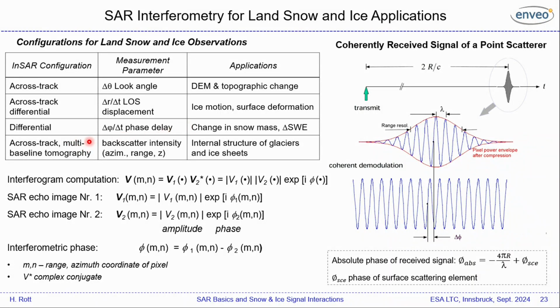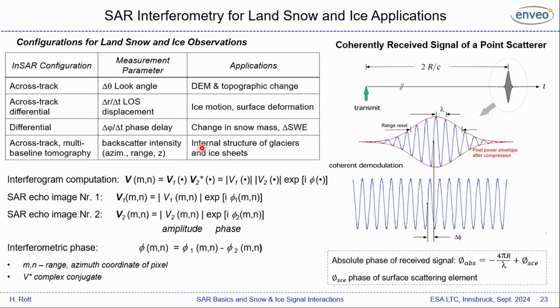And then what we also did, though there is no time to show it here, is cross-track multi-baseline tomography. We measure backscatter intensity in azimuth, range, and also in the vertical direction, and can observe the internal structure of glaciers and ice sheets.